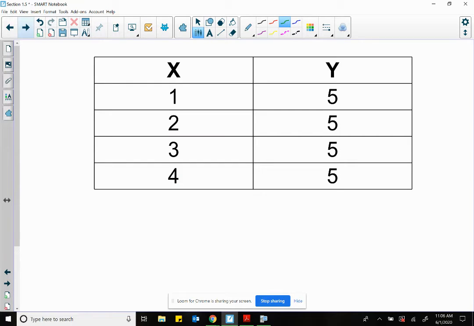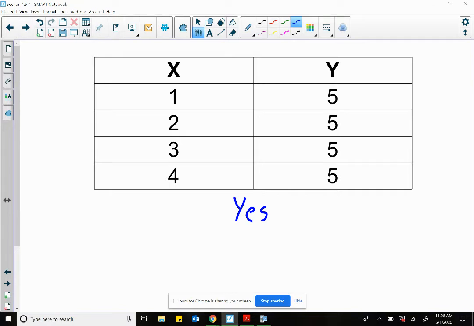All right, take a look at this. Is this a function? Go. Okay. So hopefully in this one you said that, yes, this is a function. Again, it's okay that y is all 5. There's nothing wrong with that. Y's can cheat. They can do all they want.